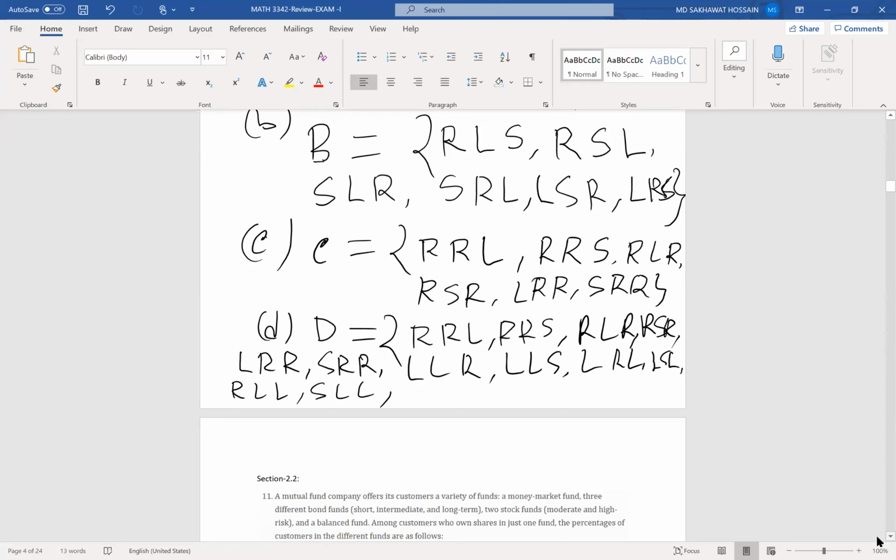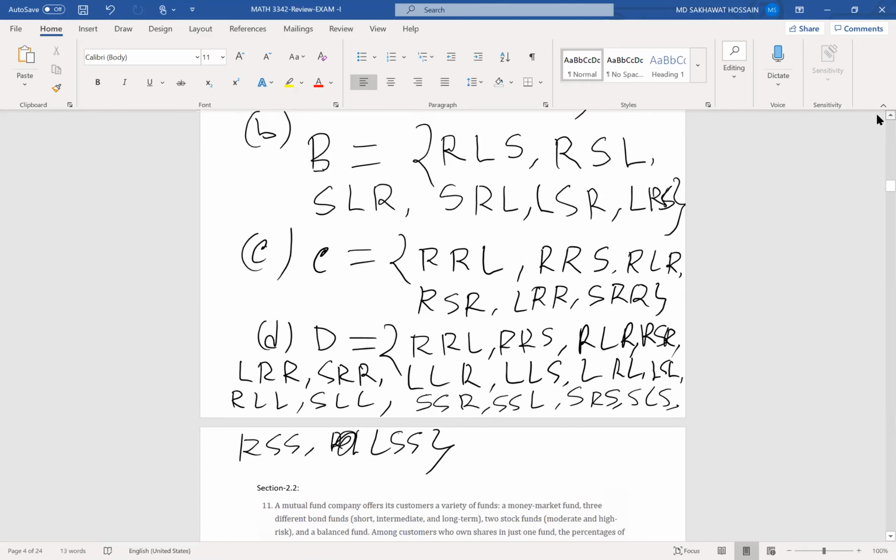Now consider exactly two vehicles taking straight: SSR, SSL, then SRS, SLS, and RSS and LSS. So these are the possible outcomes where exactly two vehicles take the same direction.